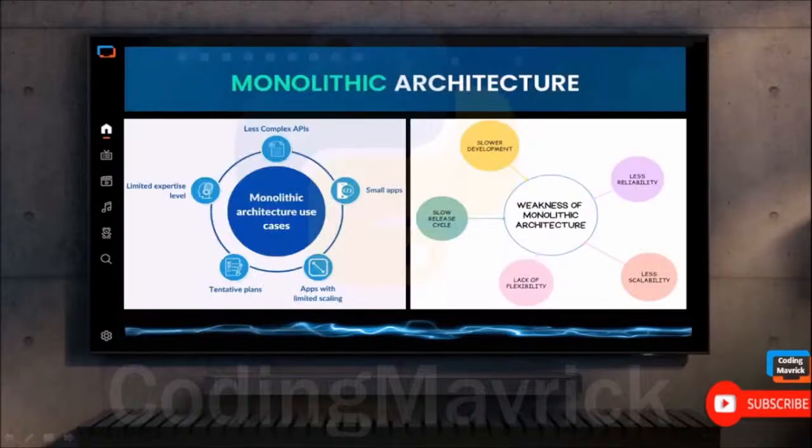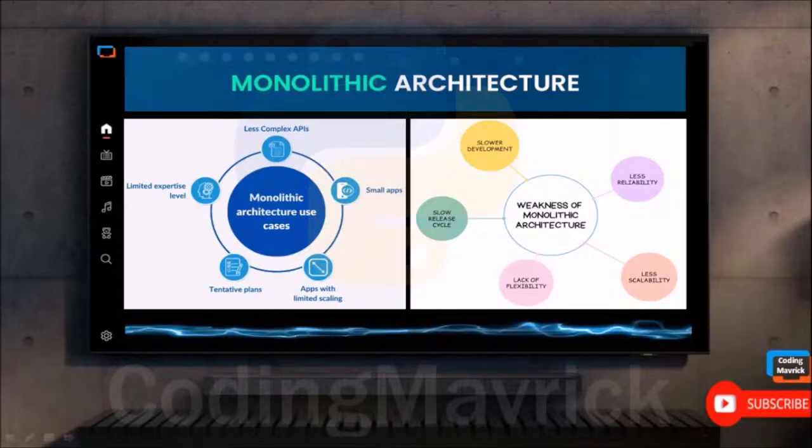Viewers, in short, monolithic architecture comes with several challenges. Over here, everything is tightly coupled, meaning even a small change in one part can affect the entire system. And the deployment becomes slow and risky because you have to redeploy the whole system every time.